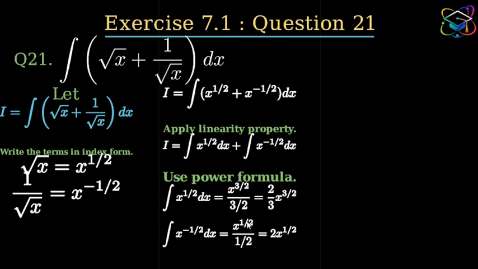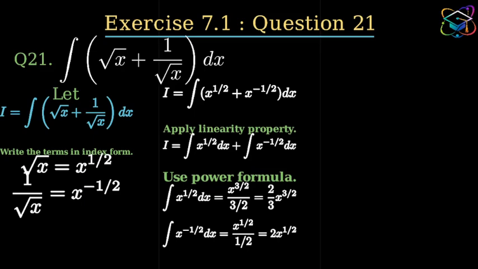So x raised to half divided by half. Now this half, 2 will go into the numerator, so it will be 2x raised to half. So the first integration is 2 upon 3 x raised to 3 by 2. The second integration is 2x raised to half.